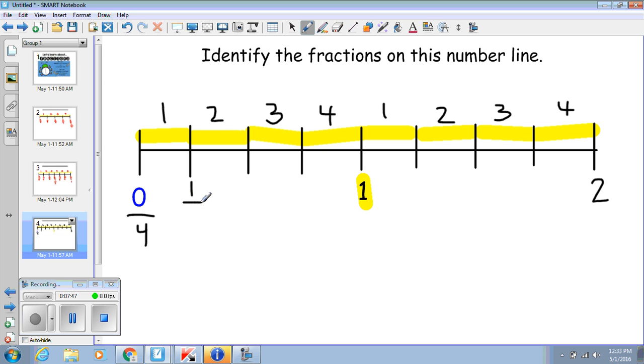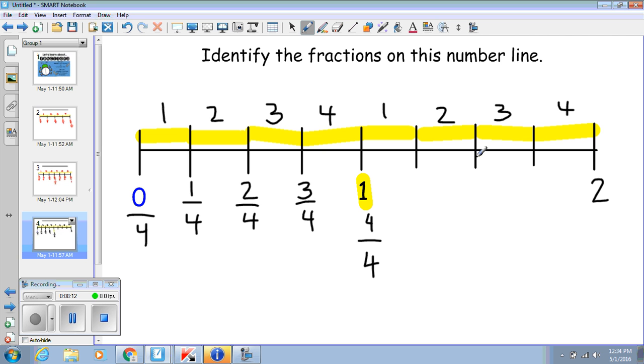And here I have 1/4. This line represents 2/4. This line represents 3/4. And I've made my whole. I've made 4/4.